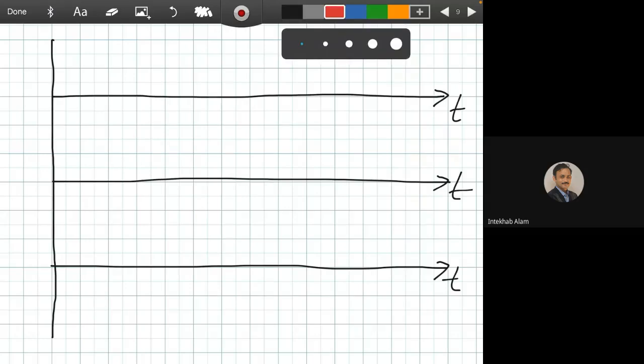For a sinusoidal pulse width modulation, we modulate the waves in this form.